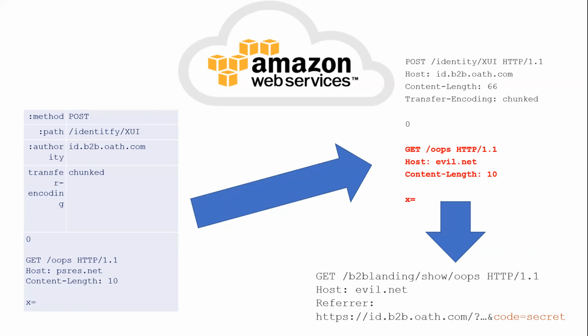And what happens next is all of the requests of the users are moved to evil.net, and there is something called a referrer. Okay, there's something called OAuth, which is an interesting implementation of authentication. It's a whole different lecture on itself. But what's important is it passes your credentials inside one of the headers.